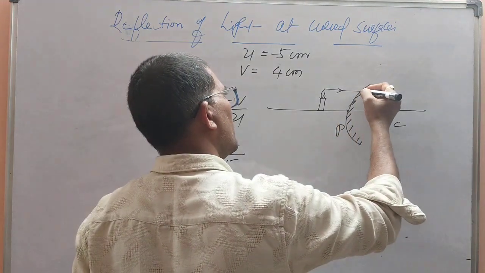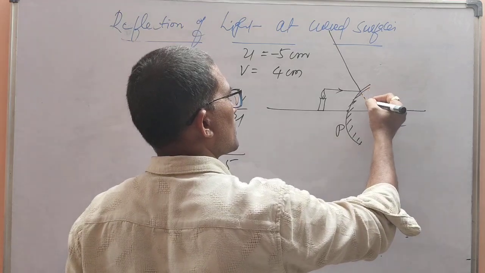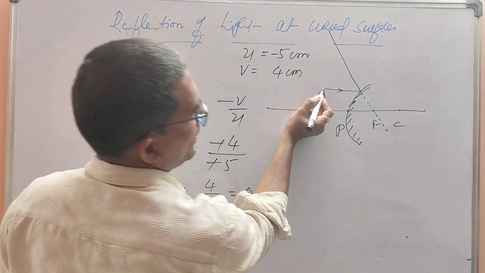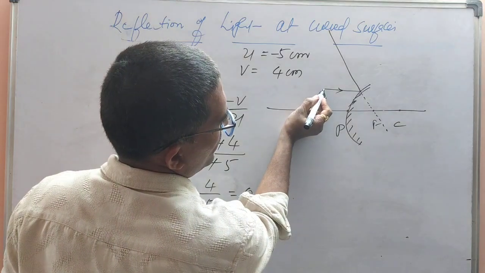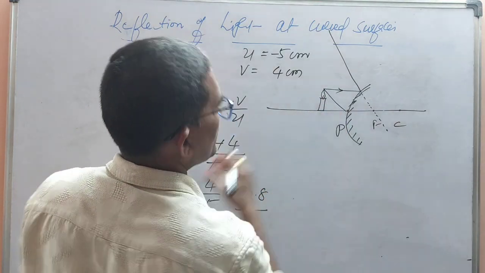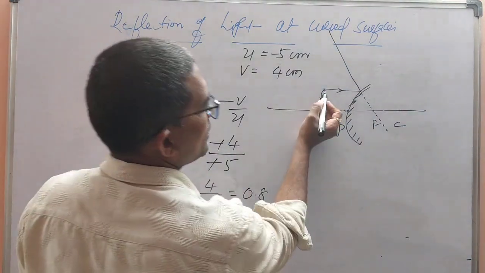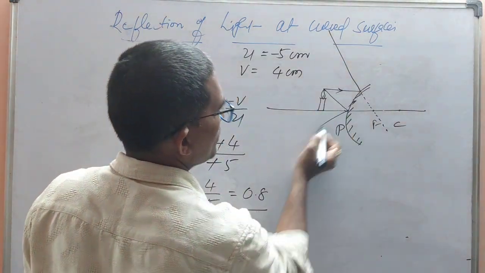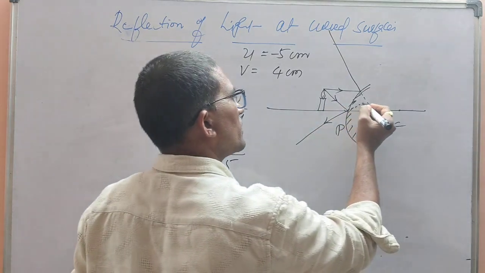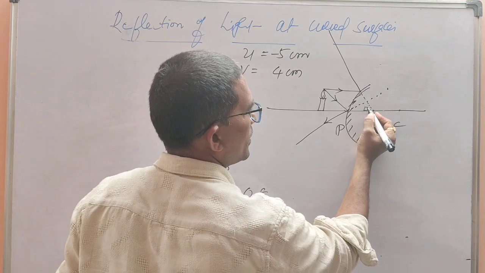After reflection, it diverges, and the divergent ray extended back passes through the focus. The second ray comes in contact with the pole and reflects at the pole, bouncing back like the incident ray. This is the reflected ray, and extend this one back. Now here the image is formed.